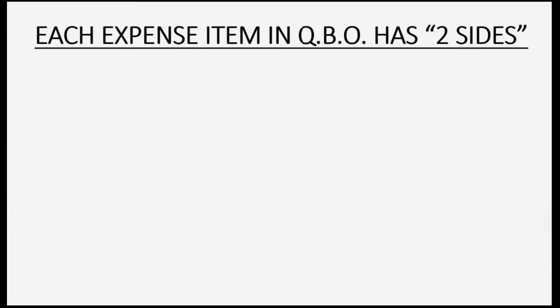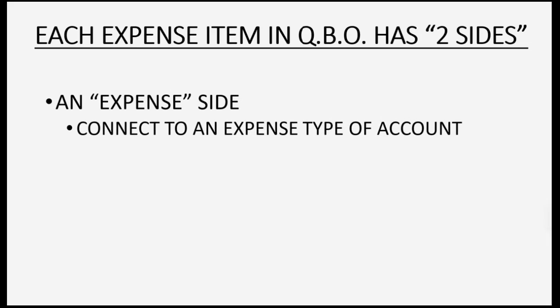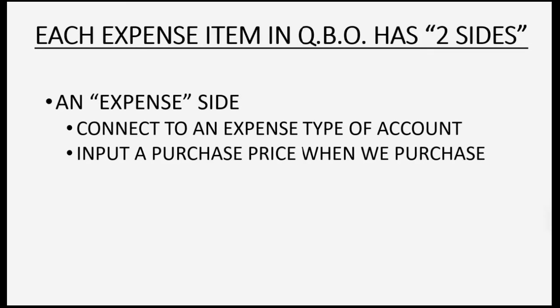So, in order to do this, you have to know that each expense item has two sides. Sometimes we even call them two-sided items. It has an expense side where we connect the item to an expense type of account the way we just discussed. And we could also input what we expect to be the purchase price or purchase cost when we pay the vendor for this item.